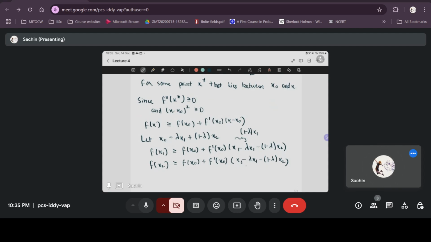Similarly, here you can write it as lambda times x2 minus x1, because this x2 will multiply with this x1 and will get cancelled out with this x2, and you will be left with lambda x2 minus lambda x1, which is lambda times x2 minus x1.